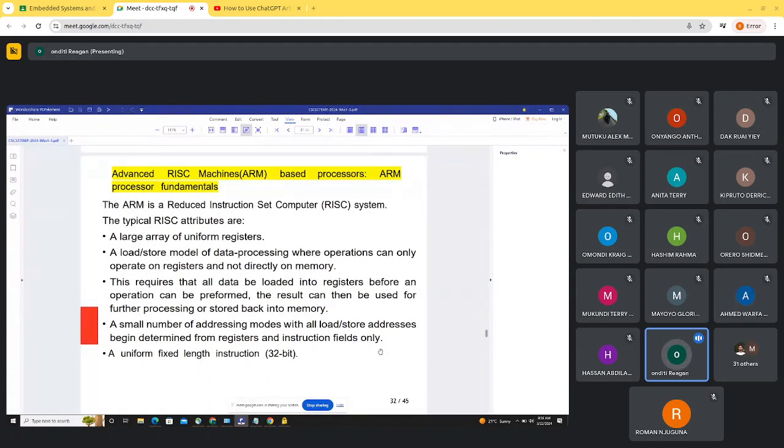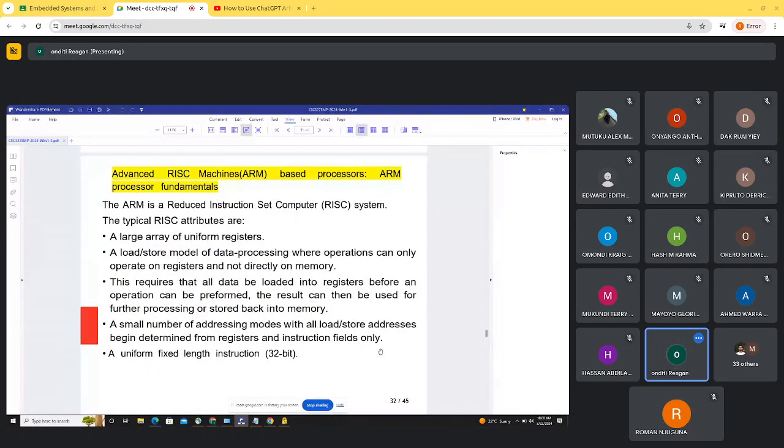When you were learning computer architecture, I believe you looked at RISC, which is reduced instruction set computers, and CISC. Those were the two major ones. These two would have what we call uniform registers, and you know the function of the registers, and the load and store model of data processing.